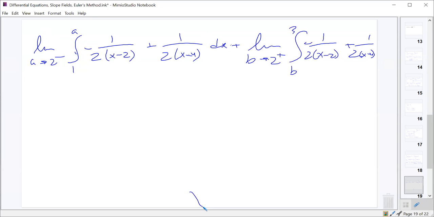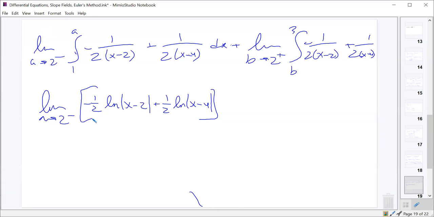Okay. So we can take the 1/2 out if we want, or we can just integrate. It doesn't really matter. Let's integrate. So we've now got the limit as a approaches 2 from the left. If we integrate negative 1/2 of 1 over x minus 2, that's negative 1/2 of the natural log absolute value of x minus 2, plus 1/2 the natural log of the absolute value of x minus 4.